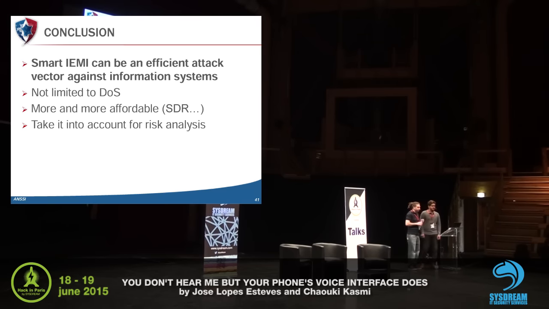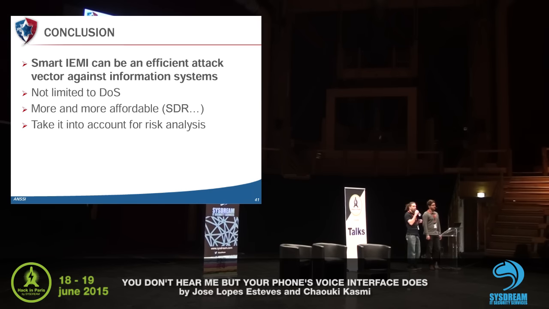So concerning intentional electromagnetic interferences, basically we have been working for a long time on IEMI effects on information systems and electronic devices. And the use of this kind of sources was for damaging or disturbing at least electronic devices, so it was limited to denial of service attacks.